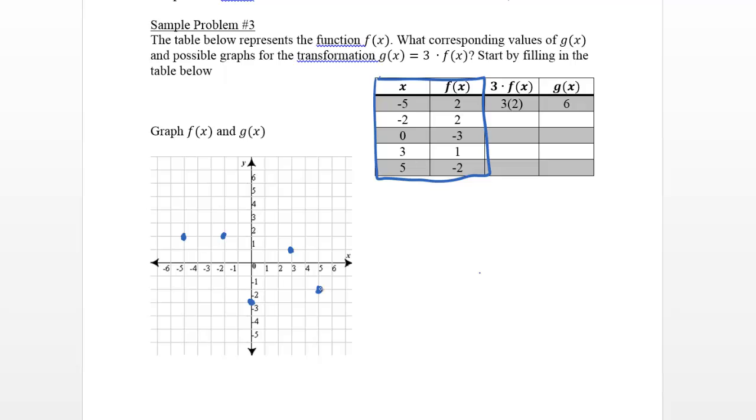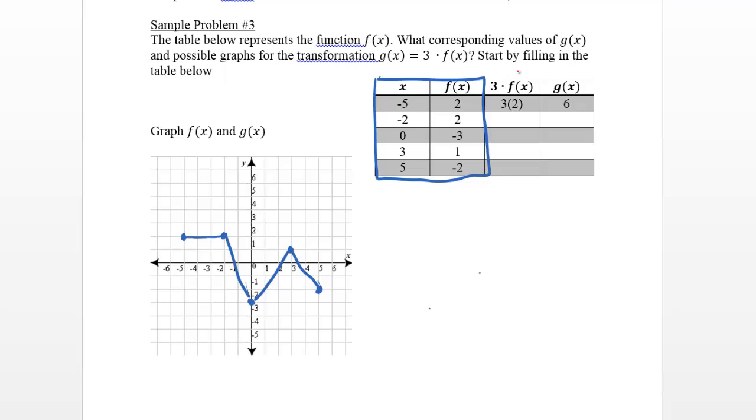Basically all I want you to do is connect the dots with those. So I'm going to simply, as best I can, connect the dots.